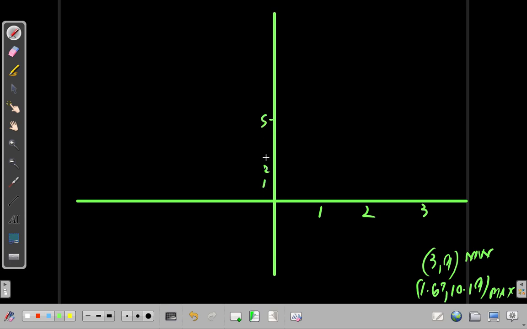You have 1, 2, 3, 4, 5, 6, 7, 8, 9, 10, 11, and so on. So the first point at (3, 9) will be about here. And the second point, (1.67, 10.19), will be a little higher, about here. This is a minimum point, right?